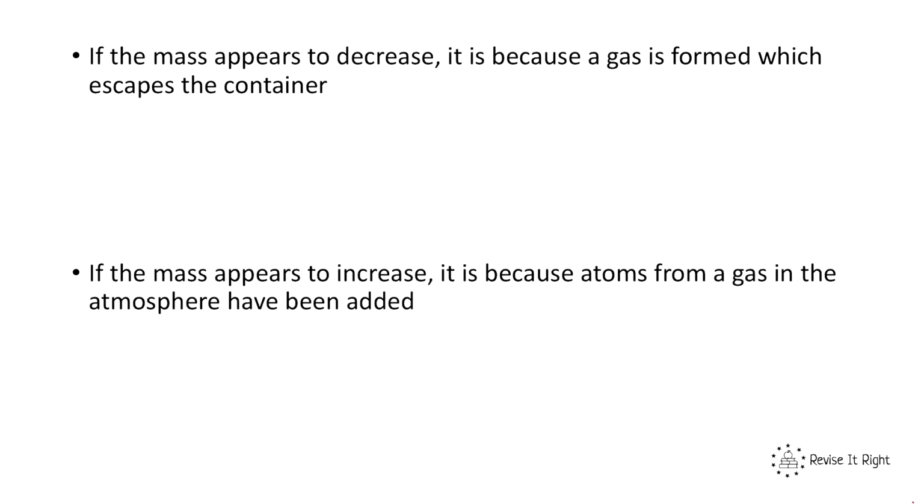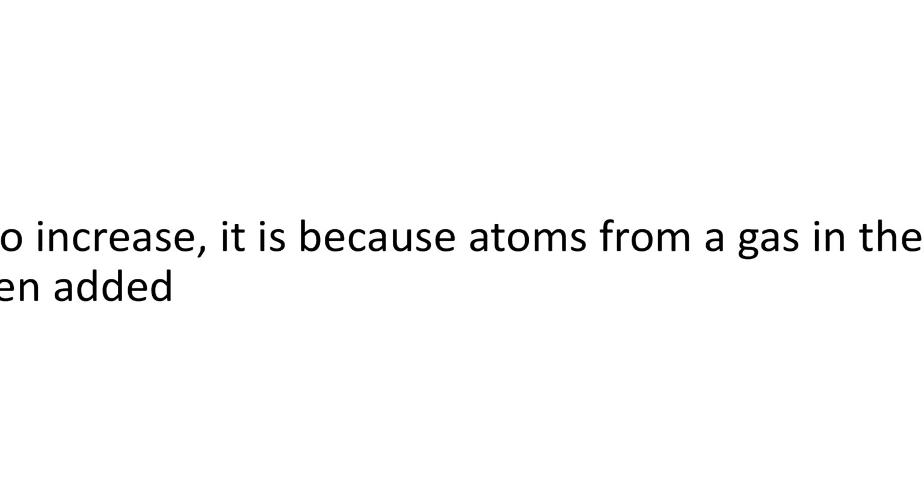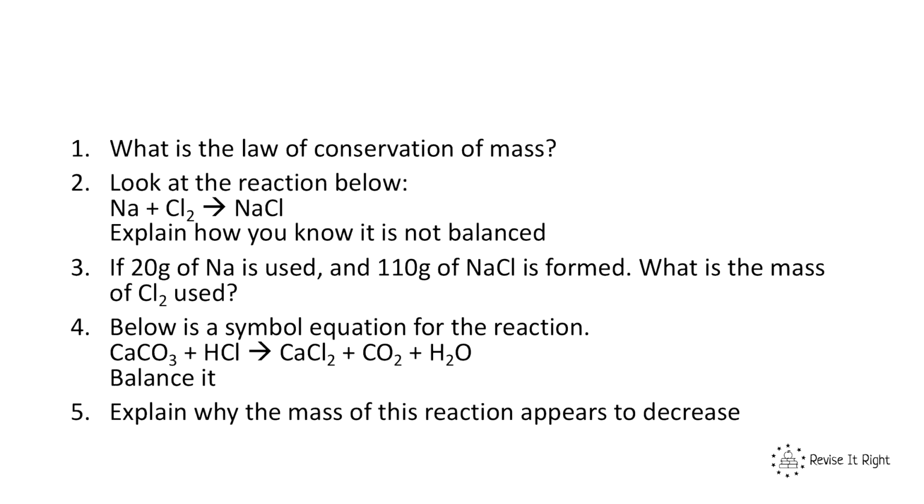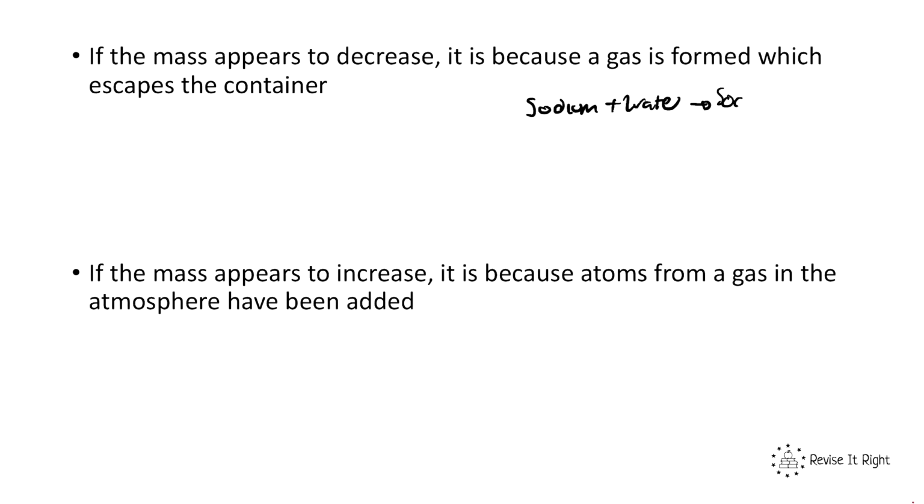Let me explain that using an example where we react sodium with water. If you've watched our alkali metals video, you will know that this produces sodium hydroxide and hydrogen.